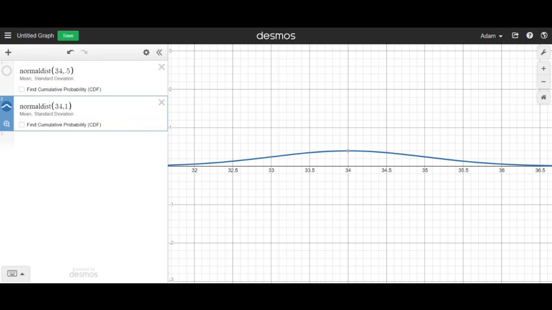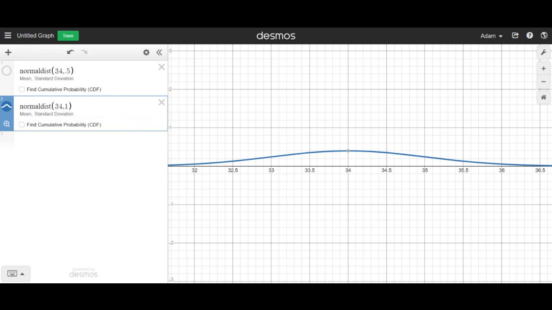As you can see, okay, that's good. So we have that curve drawn, and the standard deviation is 1. Okay, and it's a different color.